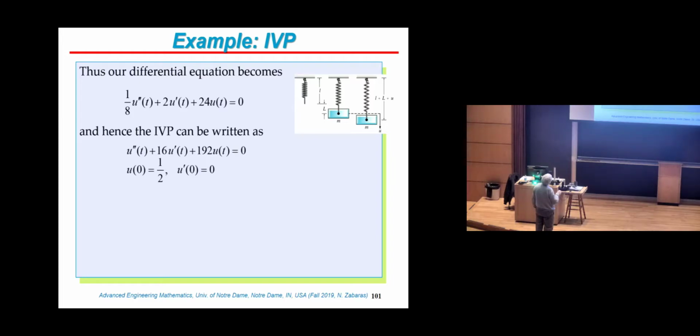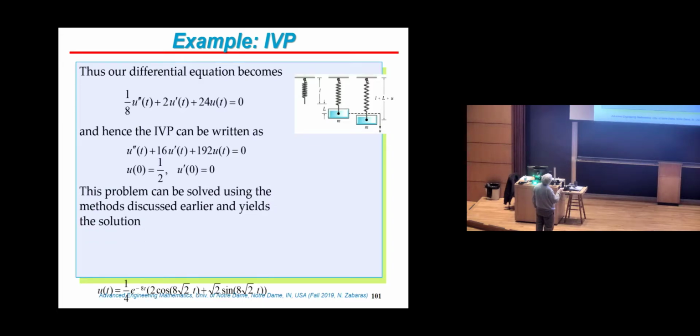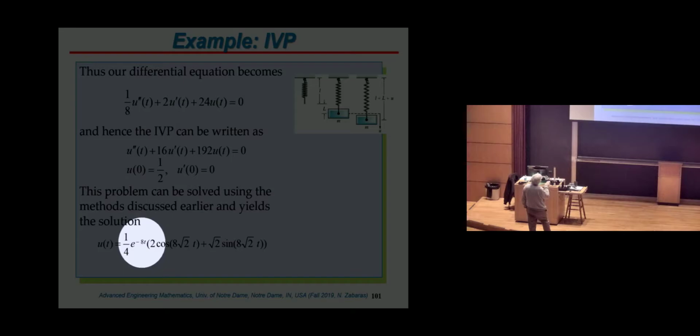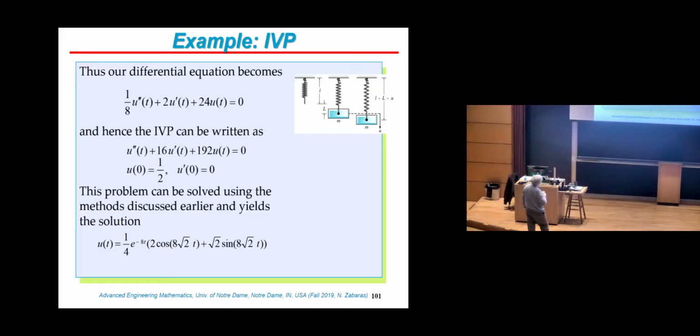You put some initial displacement, u of 0 equal to 1/2, 0 initial velocity, and this is how the solution looks. Okay, so you form the characteristic polynomial, you compute the real part and the imaginary parts, and you get basically an exponential decay plus an oscillation as the solution decays, an oscillation defined with this frequency 8 square root of 2.